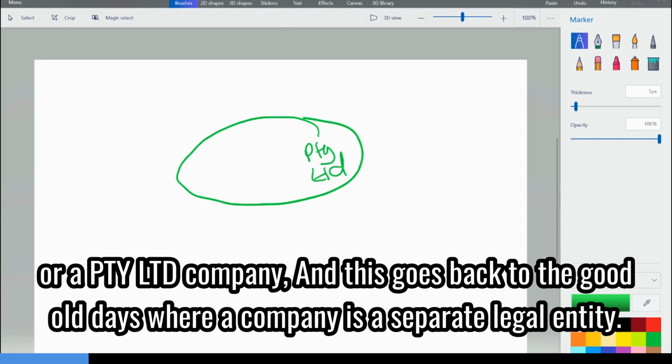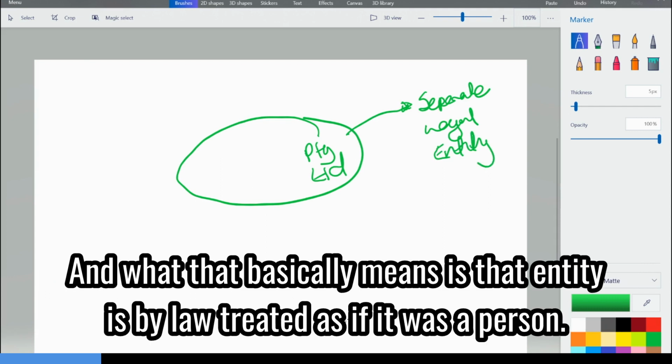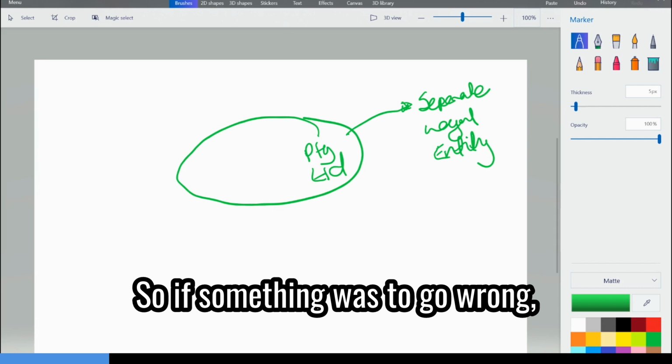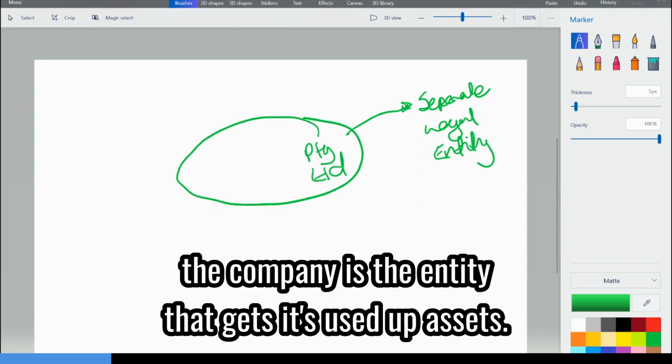And this goes back to the good old days where a company is a separate legal entity. What that basically means is that entity is by law treated as if it was a person. So if something was to go wrong, the company is the entity that gets used up, its assets.